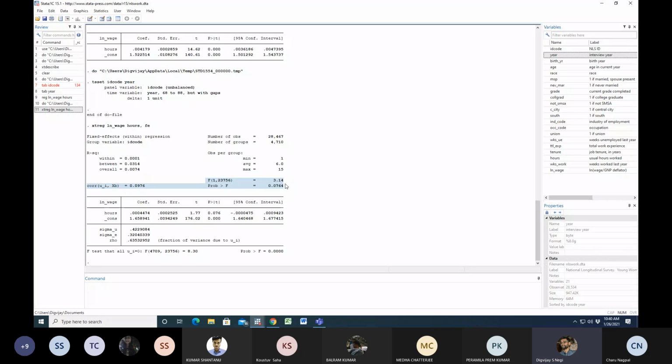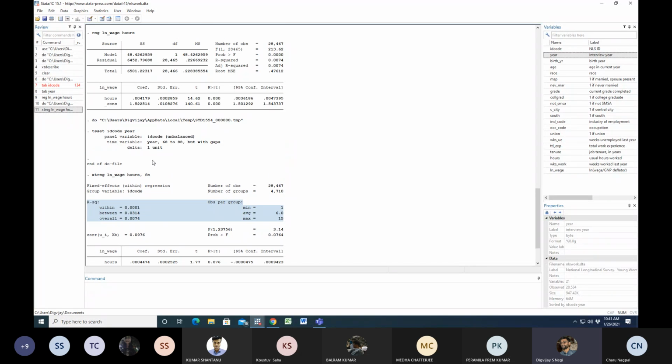Then again, it gives you the F statistic, the significance of the regression, and the p-value for that F. And it's giving you 3 kinds of R squares: the within R square, the between R square, and then the overall R square. Notice that the overall R square figure that we have here is exactly the same as the R square of the OLS regression.